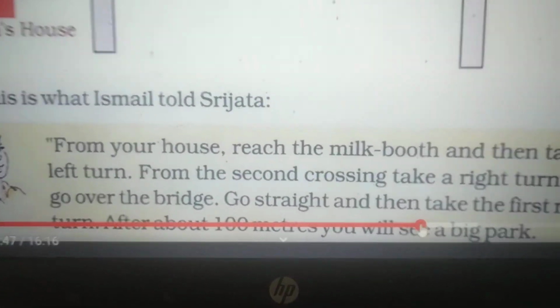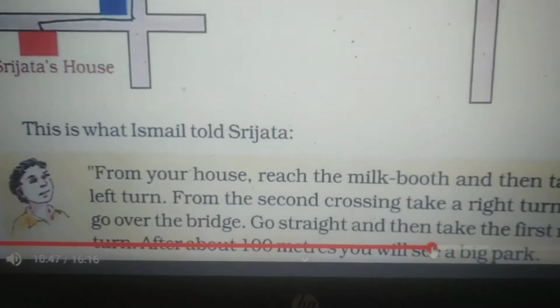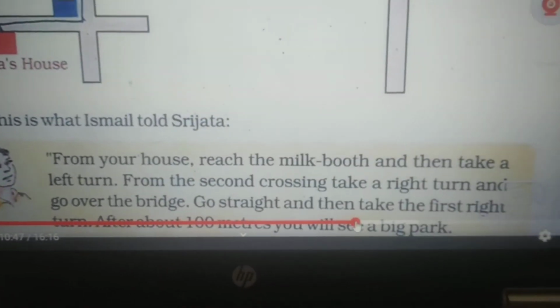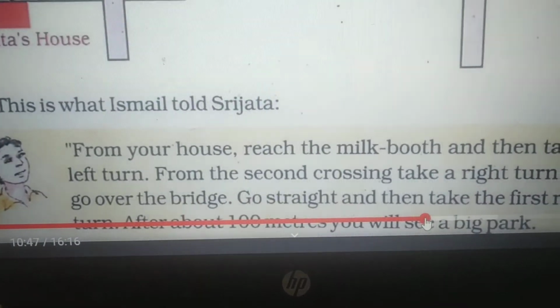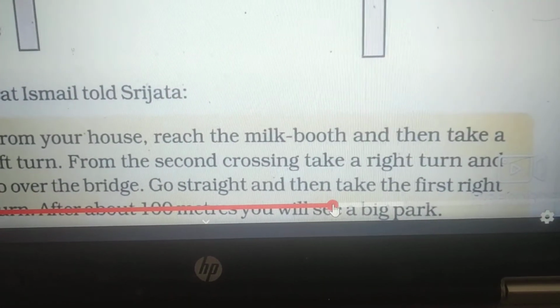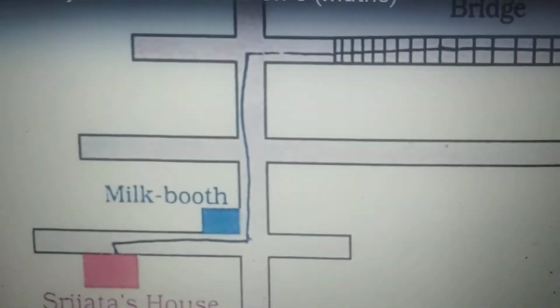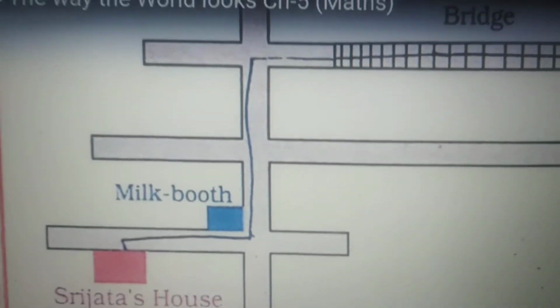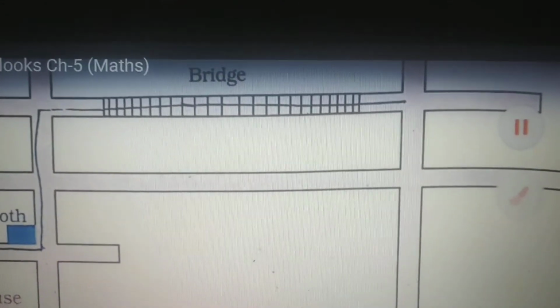from your house reach the milk booth. This is Srijita's house and this is the milk booth. He is telling that from your house reach the milk booth and then take a left turn. From the second crossing, take a right turn and go over the bridge. So you can see it like this. She is taking a left turn and then a right turn to cross the bridge.